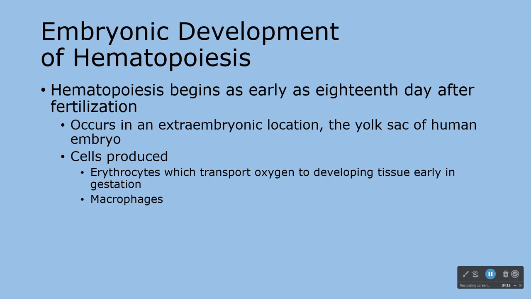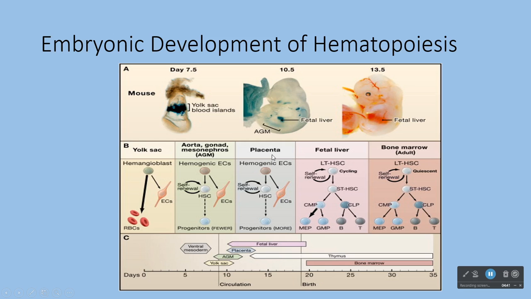Because technically at this point, at 18 days, there are no vessels. Okay, it's just cells. But those cells are alive. So therefore, they have to have oxygen and CO2 exchange. Okay? So red cells do take care of this at about the 18th day. Okay? Now, as the fetus or embryo develops further, then the liver begins to take over.